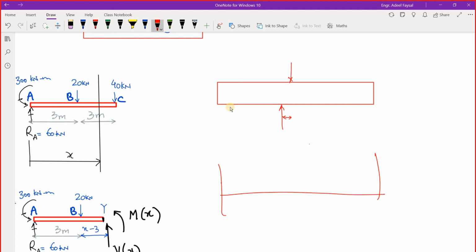It would start at 0, then go constant for this length, then change back to 0. If these forces are equal, for example 10 kilonewton each, we will see something like minus 10 kilonewton.